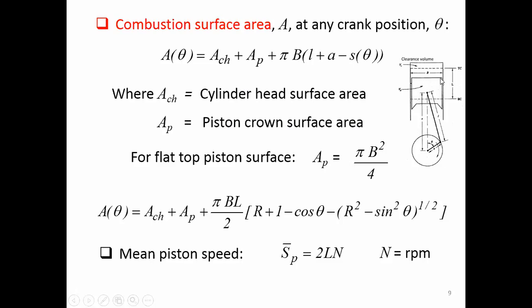The top surface of the piston is also part of the combustion surface area. For a flat top piston surface, AP can be simplified to pi times the bore squared divided by 4, right?